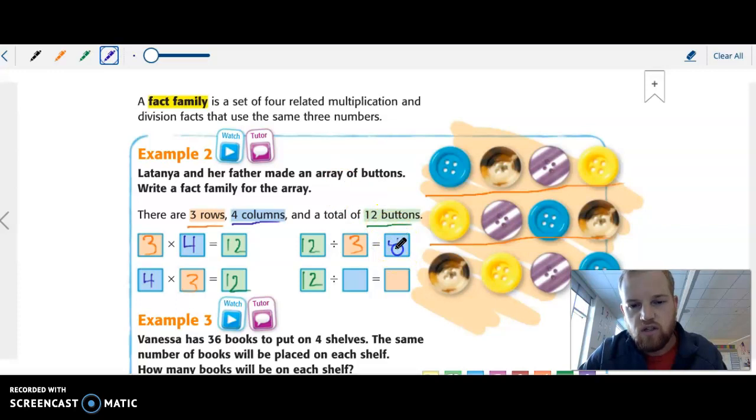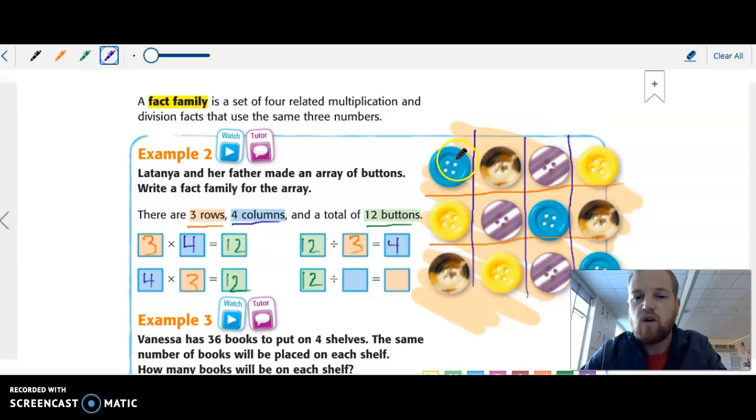And again, you'll notice that I'm using the same 3 numbers here. 3, 4, 12, 3, 4, 12. Now they're just rearranged a little bit and we have a division instead of multiplication sign, but I still have 12, 3, and 4, the same numbers as over here. And this time I'm going to break it down for my last problem by my columns. So I'm going to take my total 12 and break it down into 1 column, 2 columns, 3 columns, and 4 columns.